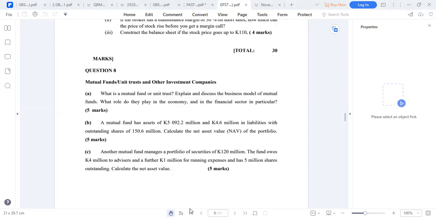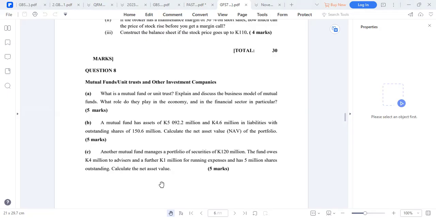So the outstanding shares refer to the total number of shares that is currently held by all the shareholders, be it individuals, etc. Okay, thanks. So 5 marks for that calculation. It's just your understanding. So this minus that over that, 5 marks.